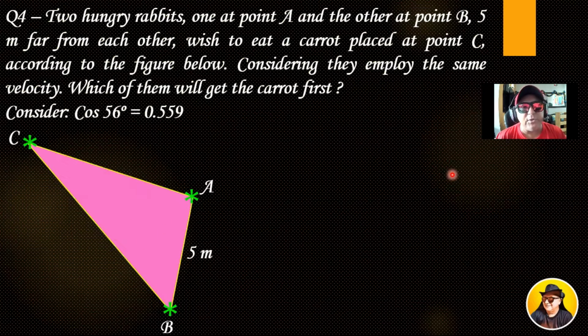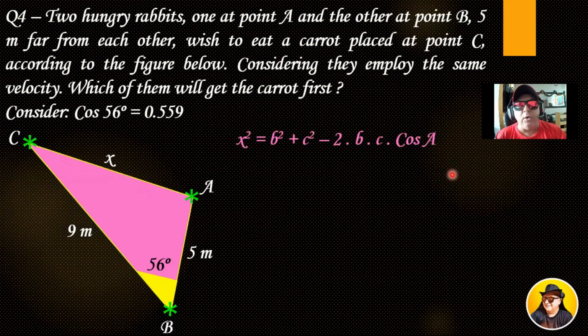And the distance between the rabbit A and the rabbit B is 5 meters. The distance between the rabbit B and the carrot is 9 meters, okay? So we want to find the distance between A and C. Oh, the angle is 56 degrees.